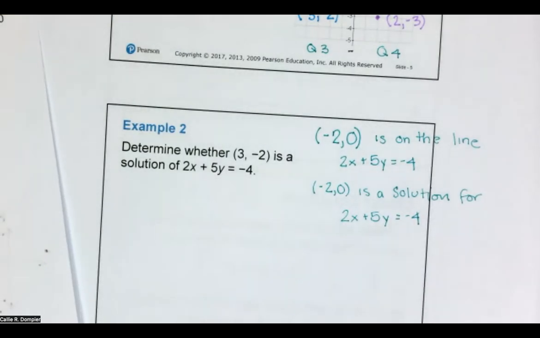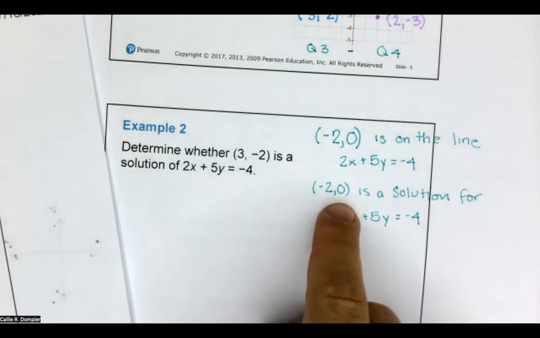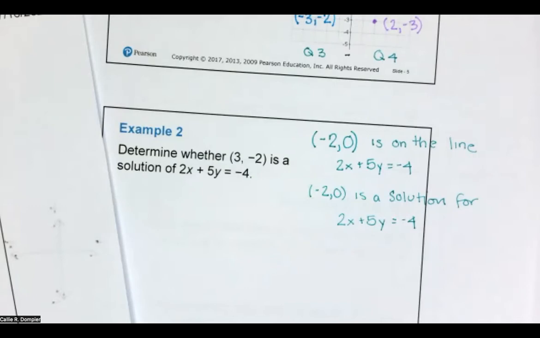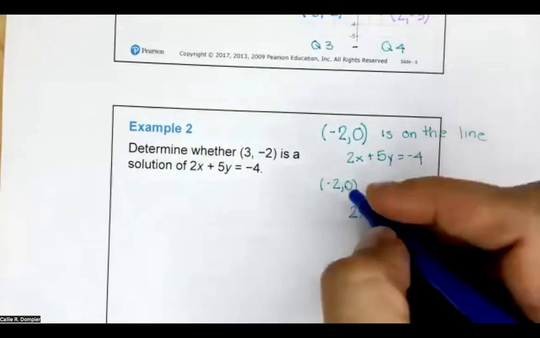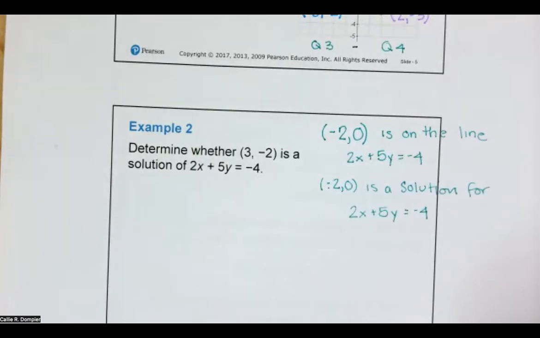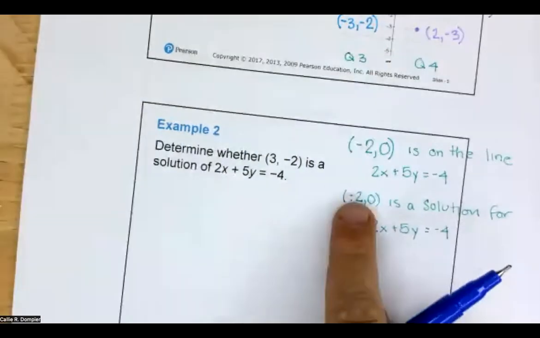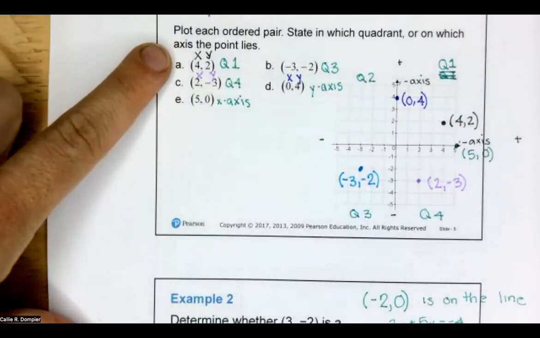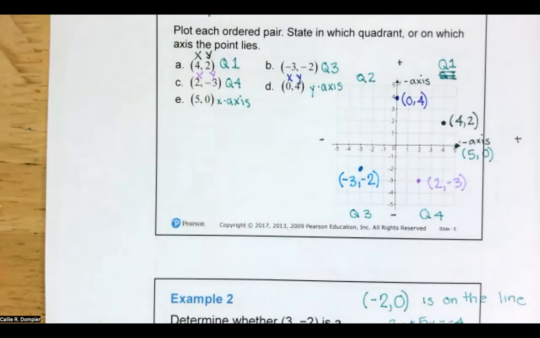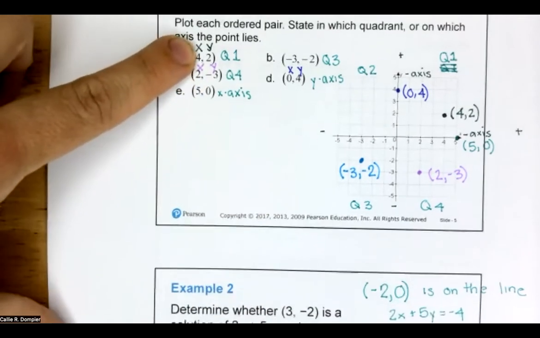We see what that means on the graph, right? Because when we graph it, the point (-2, 0) is part of that graph. But what does it mean for algebra? (-2, 0) is a solution for 2x + 5y = -4. That means, remember, the -2 is actually an x value, and the 0 is actually a y value.